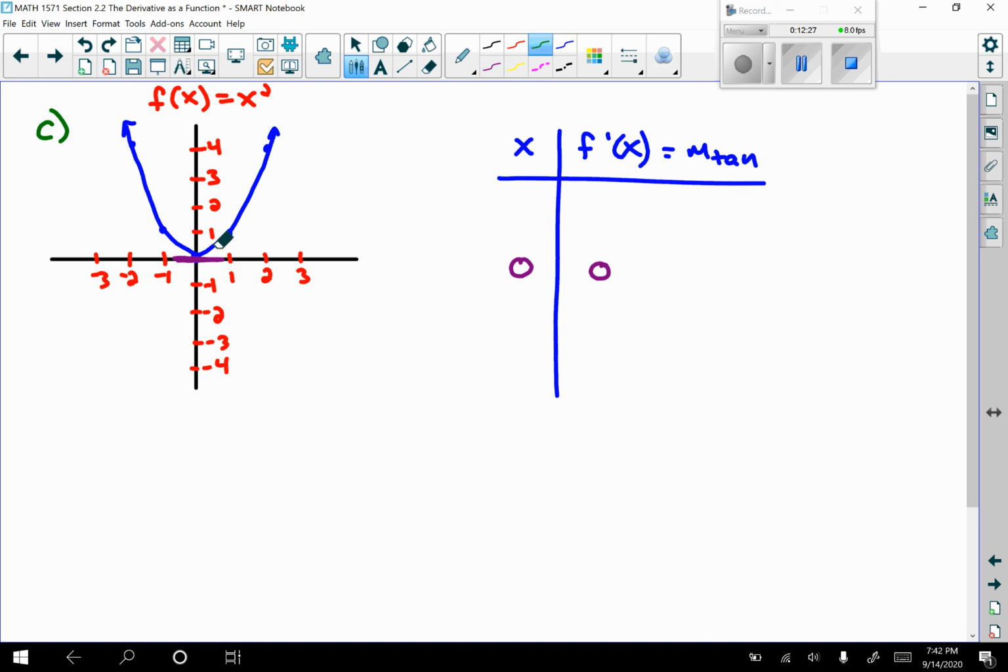Now, if I were to draw in, let's go to the right, a series of tangent lines, they are positive, and they're doing what? Are they increasing? Are they getting steeper? Are they decreasing? Or are they getting less steep? They are getting steeper. So for all these values, we'll just say x is greater than 0, our slopes are positive and increasing.